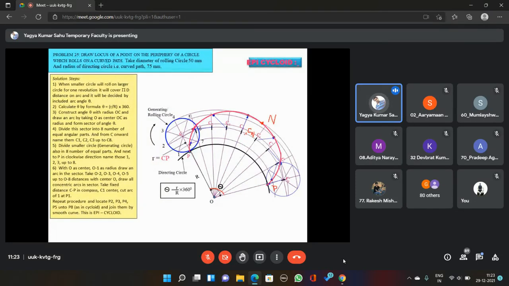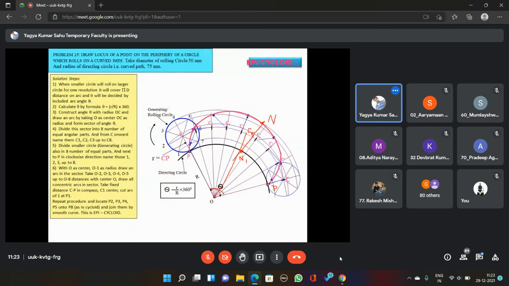Now join CN to O, and you'll get another point N1, which is nothing but the intersection of arc PP with OCN. Now join N to N1.